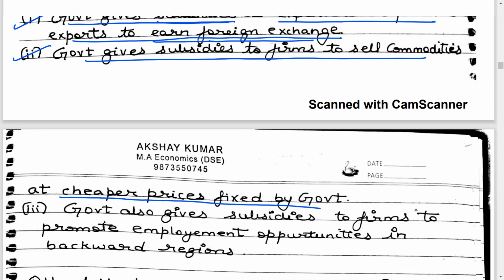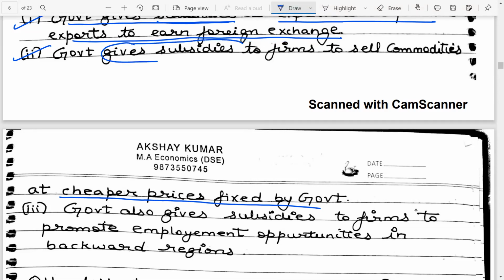But firms will not be able to sell the commodities at a cheaper price. So what does the government do? The government tells the firms to sell the commodities at a cheaper price to the consumers, and then the government gives subsidies to the firms.